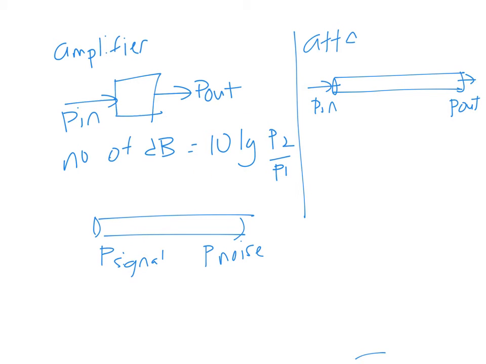As long as you put the bigger one on top, so if your signal is bigger, you put your signal on top and the noise, being smaller, at the bottom, then you will get the number of decibels that the signal is higher than the noise. So you can use it for the ratio of any two powers. Do you understand that? Not necessarily only for amplifiers and for cables. Any two powers, you can find the ratio using the number of decibels, okay?